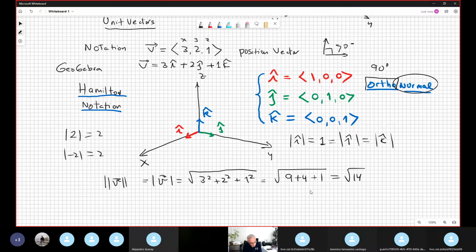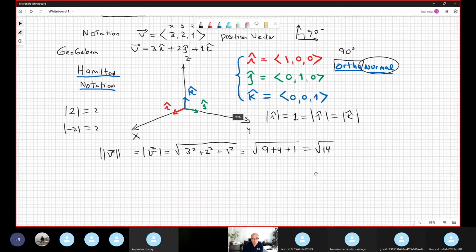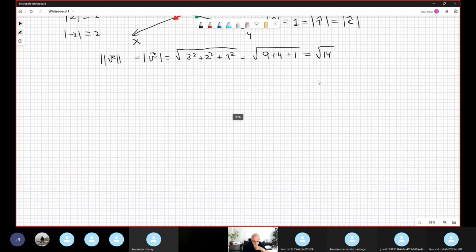Now, we have another kind of vector, which is the vector between 2 points. It is not a position vector.